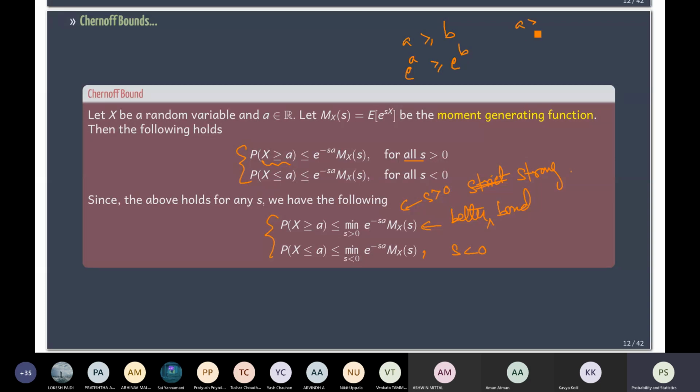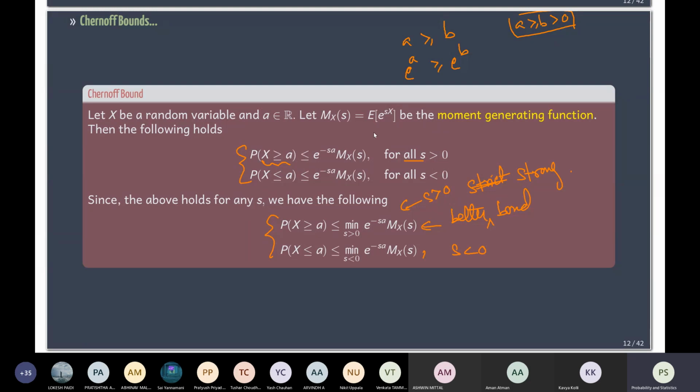The inequality doesn't change when I raise the exponent. Then this remains the case, right? So this is the trick we are going to use here.